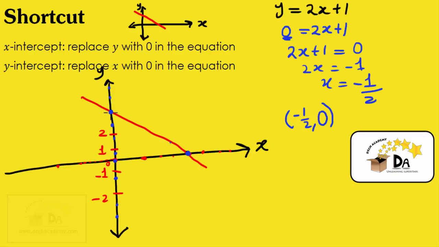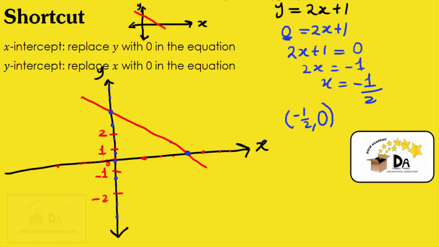So this point here, which lies on the line and also on the y-axis, because this line intersects the y-axis, lies on both lines. And that point, because it lies on the y-axis, has an x-coordinate of 0. So to determine the y-intercept, you have to replace x with 0 in the equation.